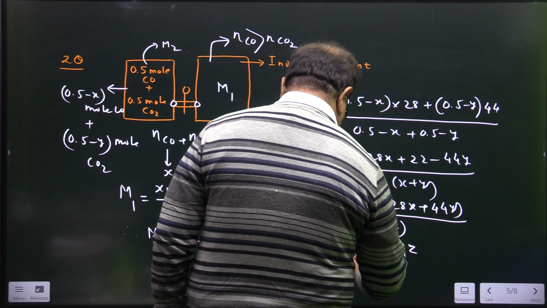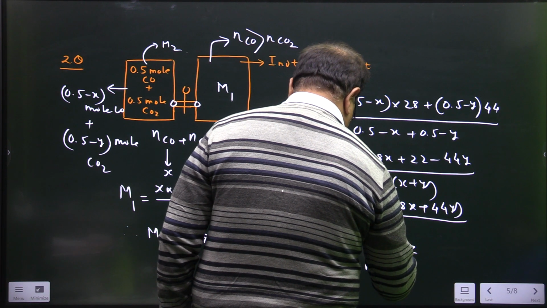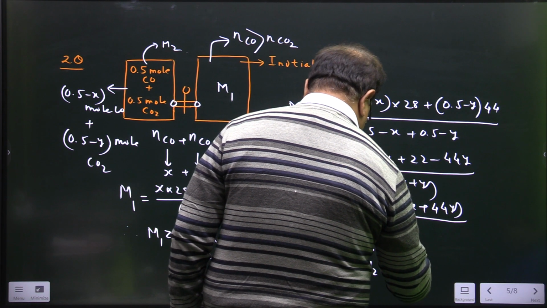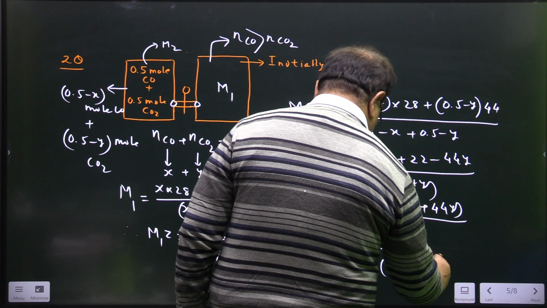M1Z plus M2 into 1 minus Z is equal to 36.